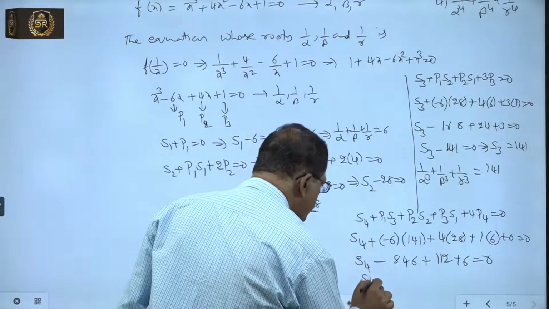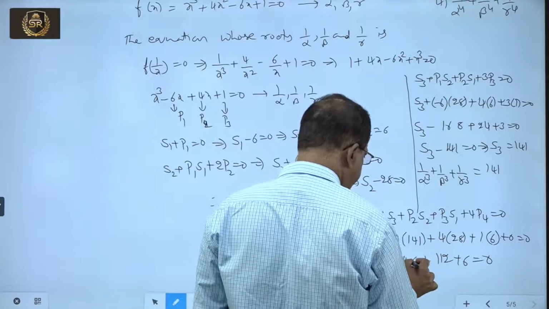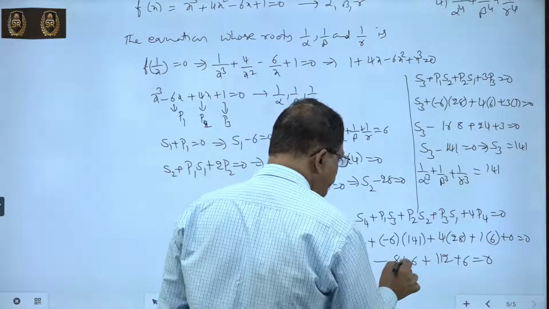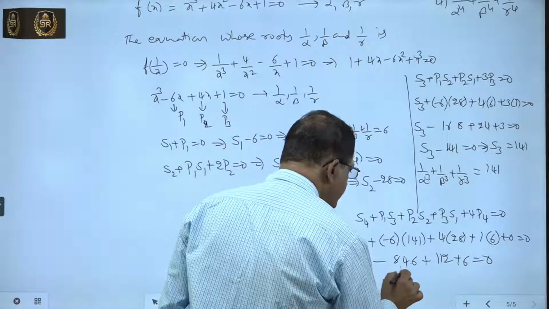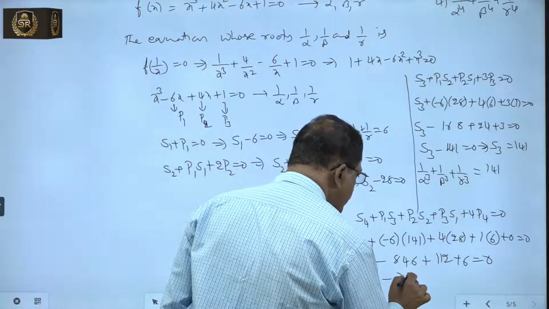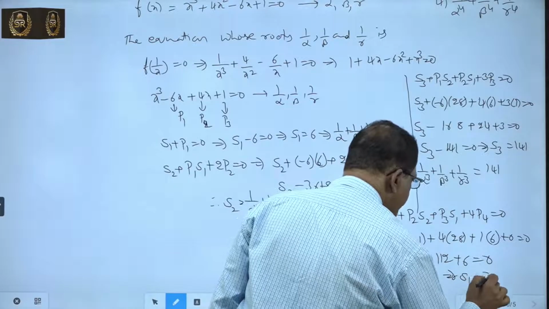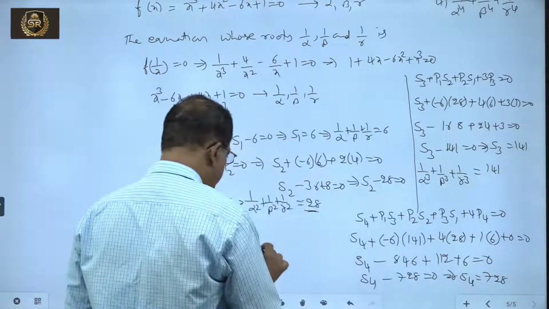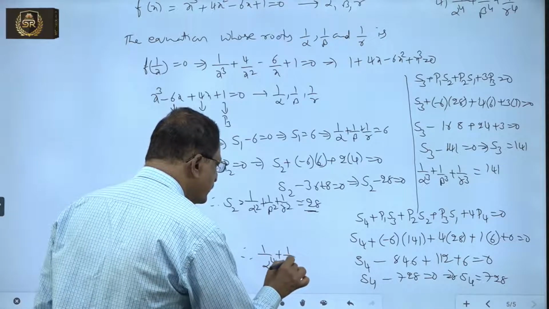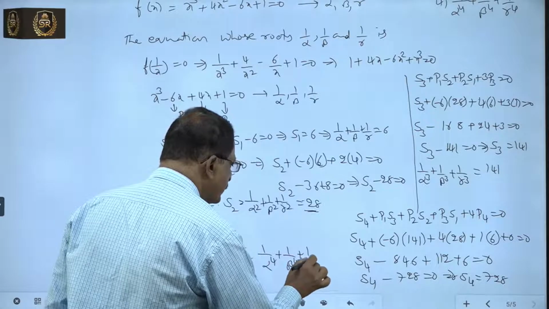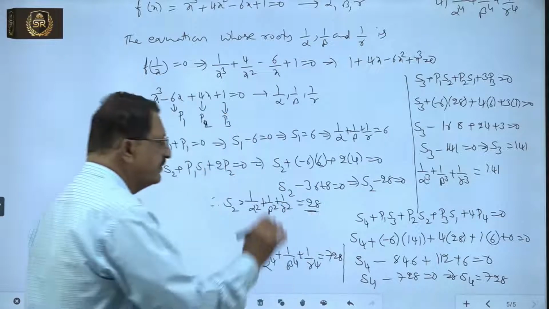Now S4 minus 728 equals 0, which implies S4 equals 728. Therefore 1 by alpha to the power of 4 plus 1 by beta to the power of 4 plus 1 by gamma to the power of 4 equals 728.